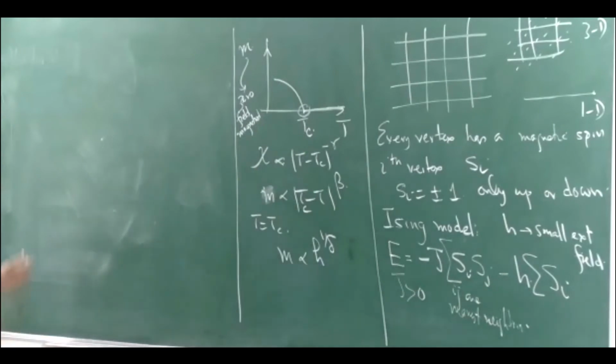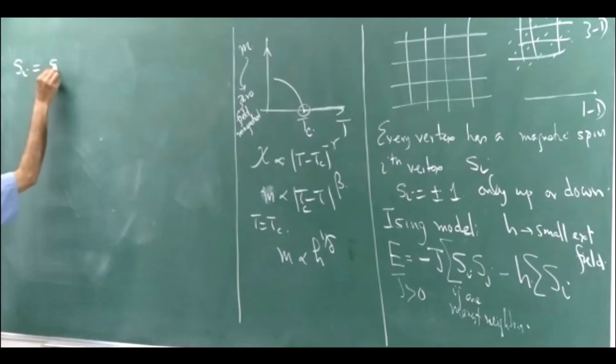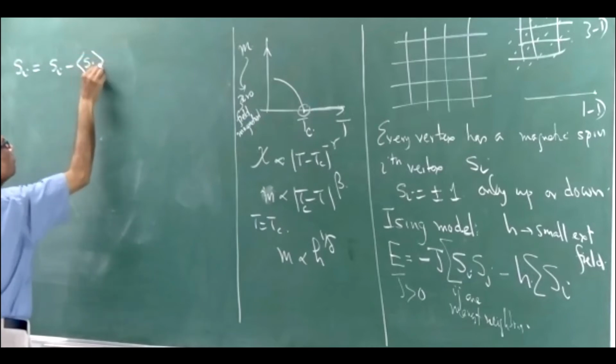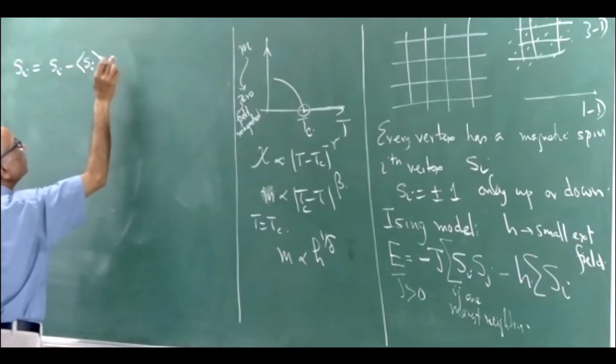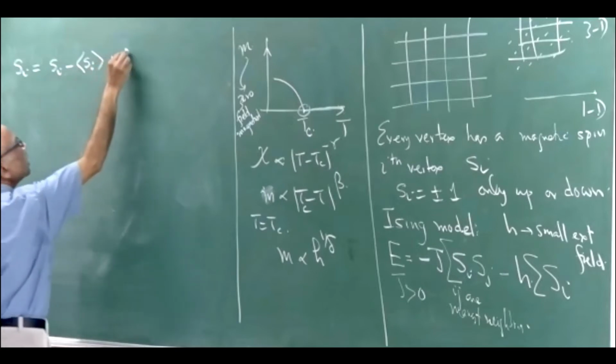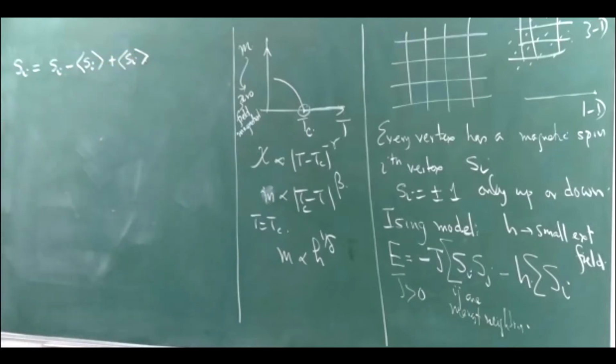So linear term means that you play the game that you write S_i as being S_i minus average value of S_i plus average value of S_i.